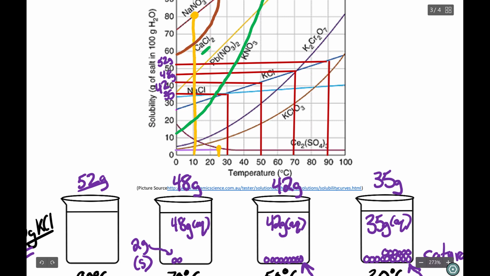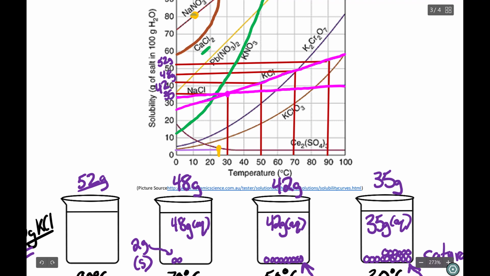So it was this line. I know it's getting hard to see, potassium chloride. We have roughly 34 grams here at this point. If we go across, that's just under our 35. That would be 34. And I know it's getting quite crowded in here. I'm just going to erase a couple of lines so you can see. And it's the sodium chloride which intersects that point as well.